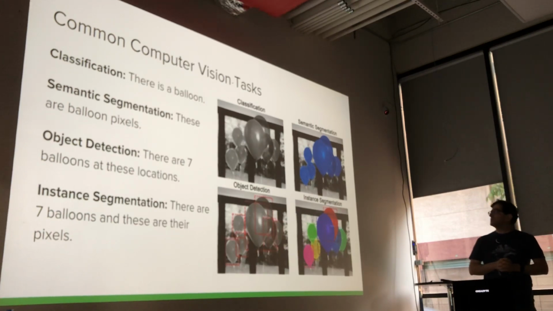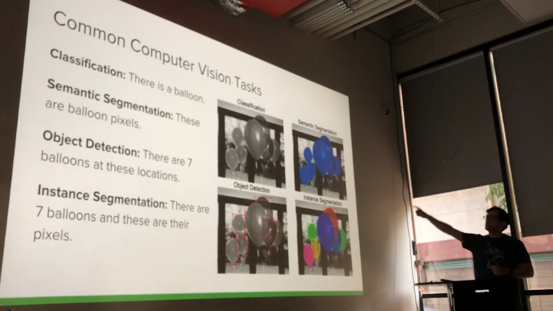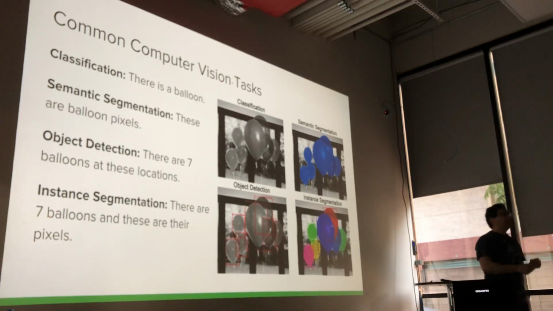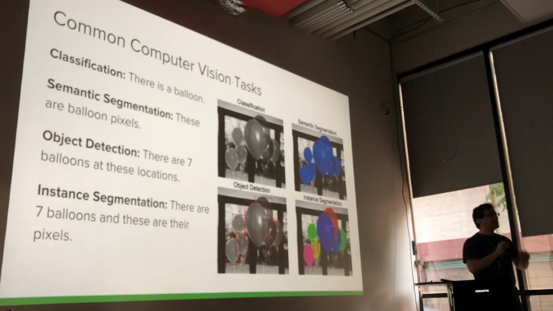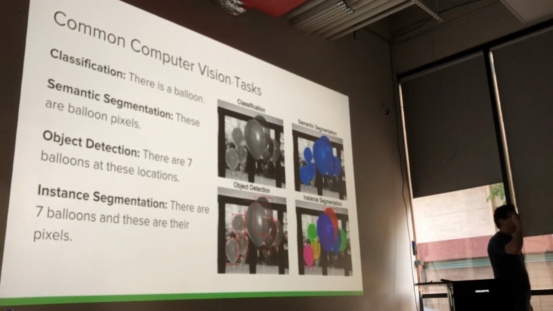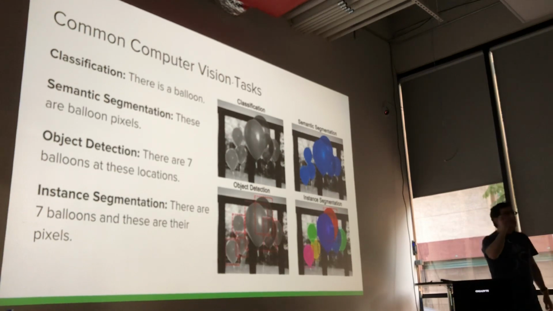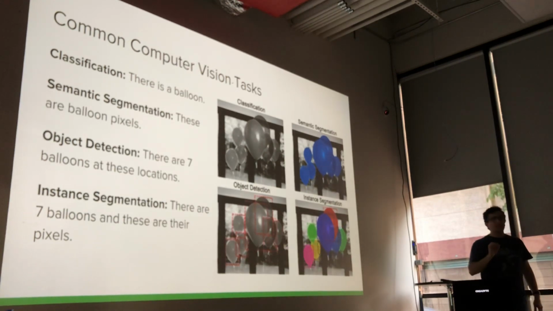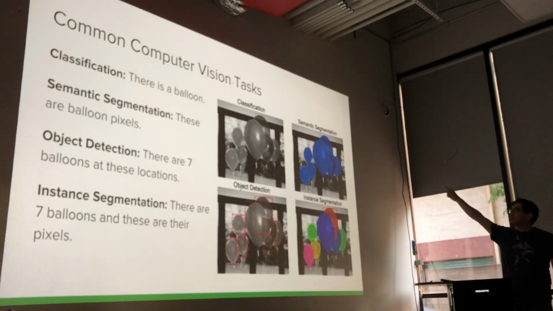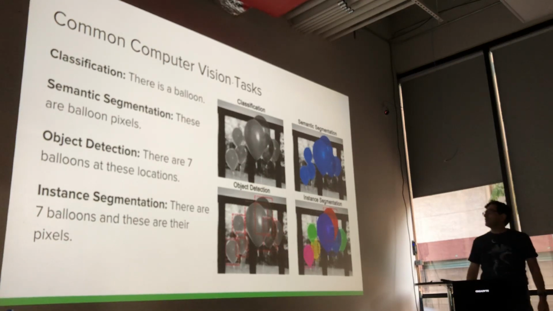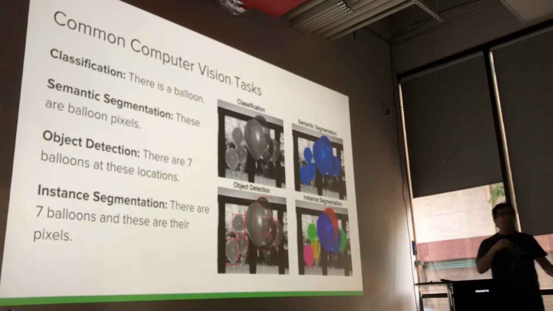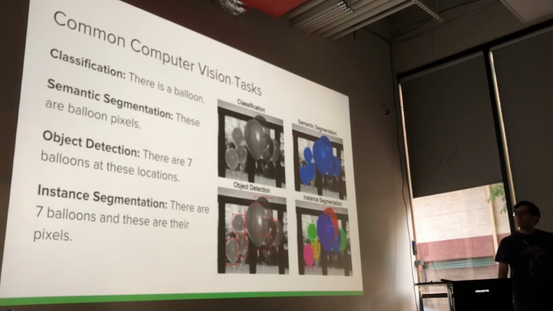Semantic segmentation is like this example shown here. I tell you where the object is and give you an exact mask of it, like every pixel that belongs to that object gets annotated. But still I can't tell you how many objects there are. I can just say these pixels, the blue ones here, belong to balloons, but I can't tell you how many.